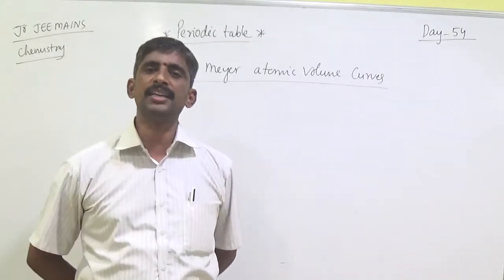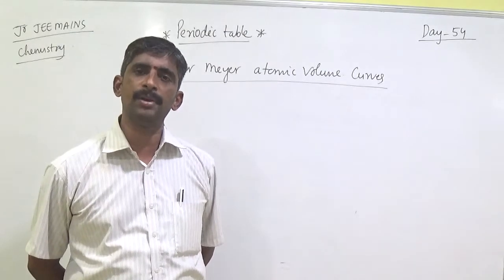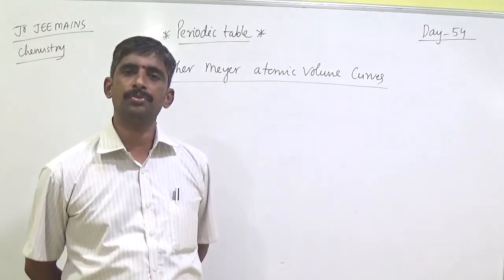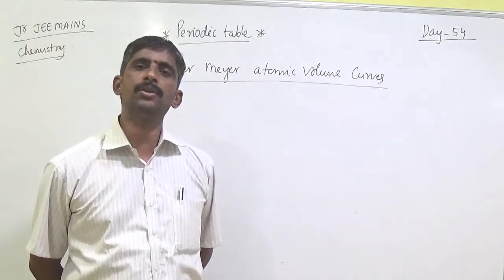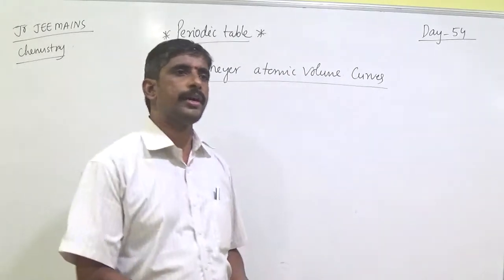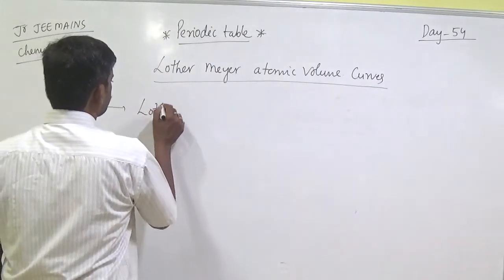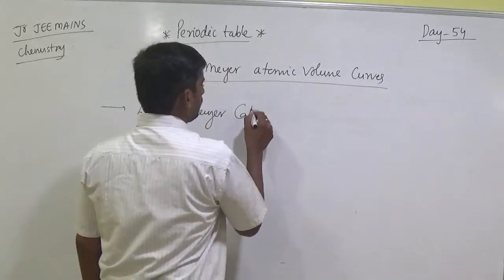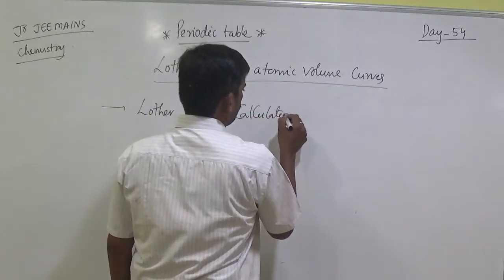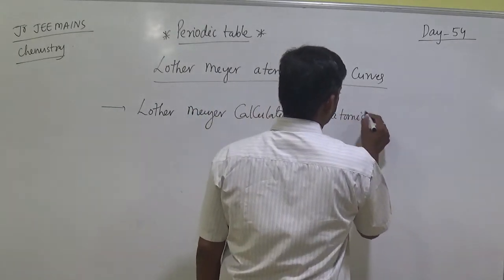Lothar Meyer calculated the atomic volume of known elements as the ratio of molecular weight and density. Simply, atomic weight equals atomic volume into density. So write down, Lothar Meyer calculated the atomic volume of.